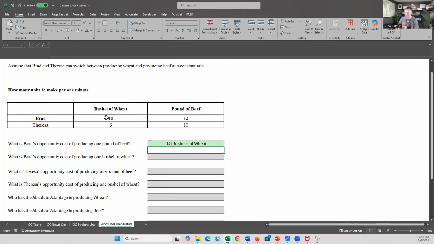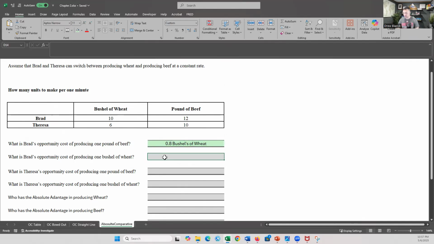So it's going to be 10 divided by 12. So for Brad to produce a pound of beef, it's going to cost 0.8 bushels of wheat. If that makes sense. What's the cost to produce beef? 0.8 bushels of wheat for every 1 unit of beef. So for every 1 pound of beef I'm going to produce, it's going to cost me 0.8 bushels of wheat.